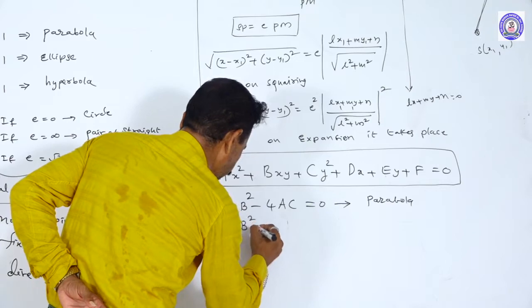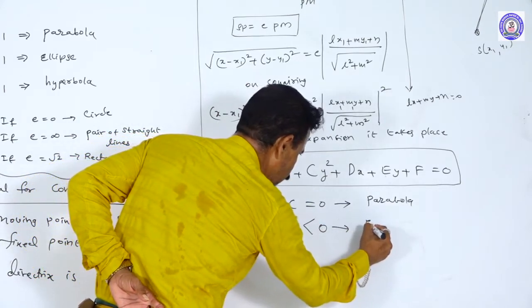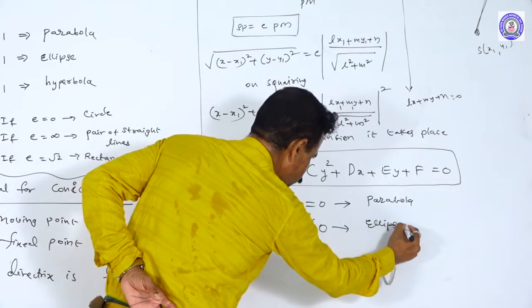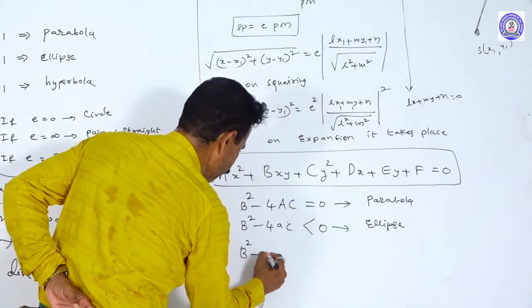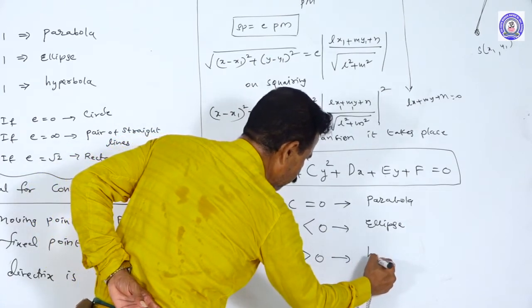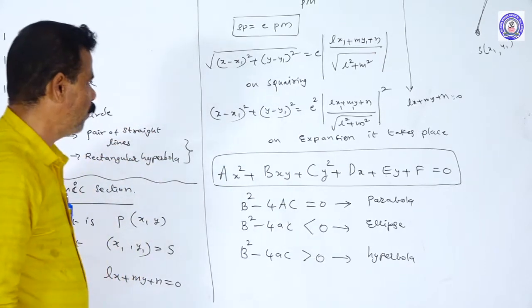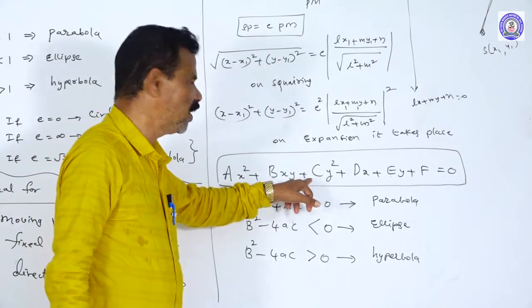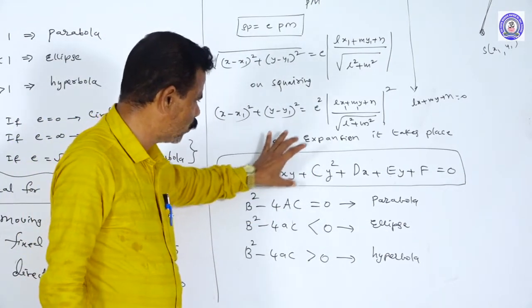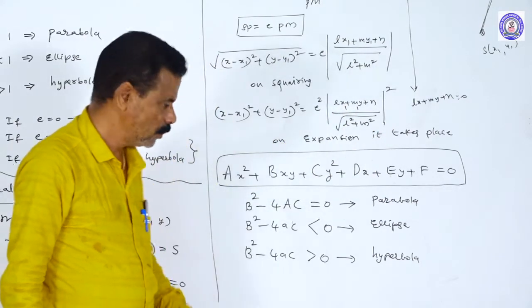B square minus 4ac less than 0, it is the ellipse. If b square minus 4ac greater than 0, it is the hyperbola. These are the 3 conditions when the general form Ax square plus Bxy plus Cy square plus Dx plus Ey plus F is given.